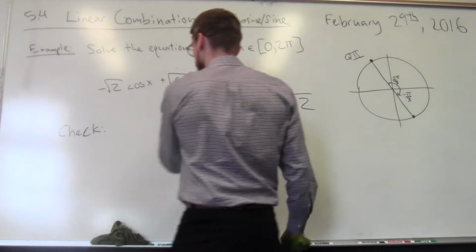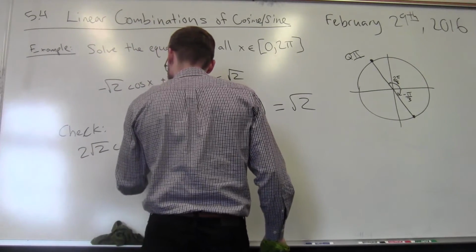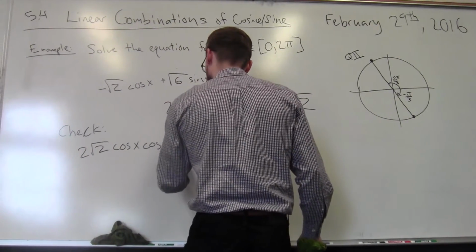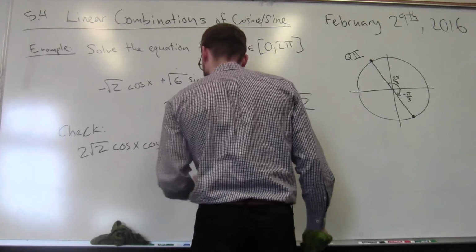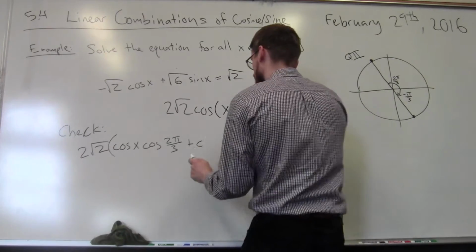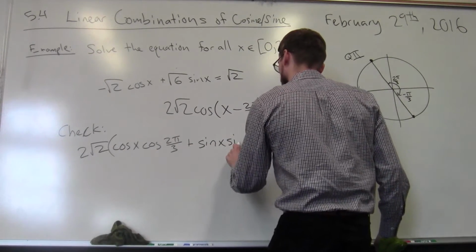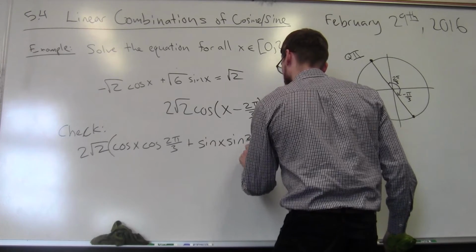This is equal to 2 square root 2 times cosine x cosine 2 pi over 3, plus, put parentheses around it, sine of x sine of 2 pi over 3.